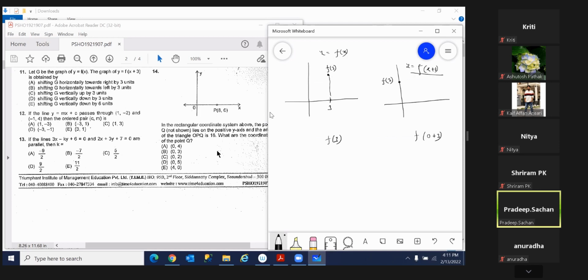I will get it at x equal to 0 itself. When I put 0, I will get f of 3. This means eventually you have shifted your graph by 3 units to the left side, correct? So you have shifted G horizontally towards the left by 3 units, correct?